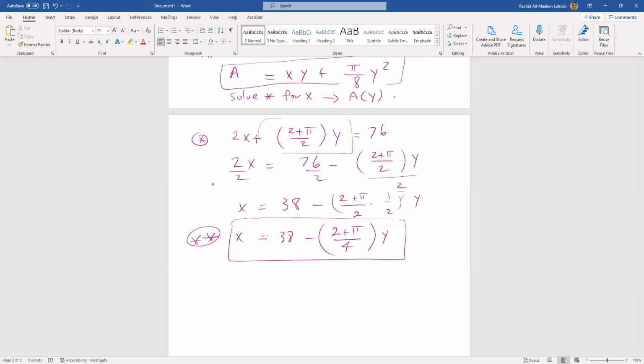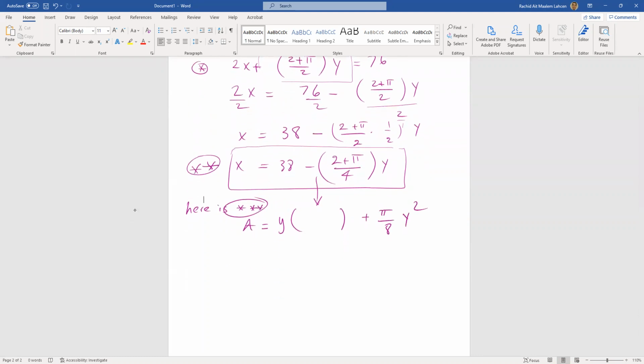All right, so let's call this 3 stars. All right, so here is a, x times y. Here is y, and x is going to be this one plus pi over 8 y squared. So this is x.